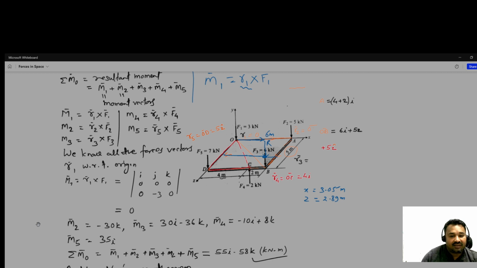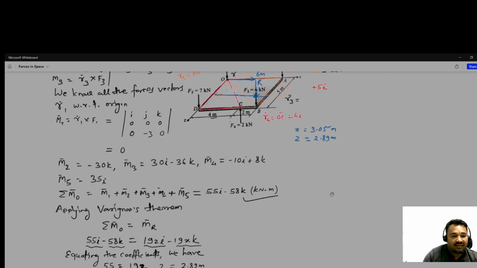finally we get the summation of moment about O. So at this point we have both summation of MO and moment of the resultant. Okay. This we have, this we have. So what is the next? We have to just equate the coefficients. Okay.